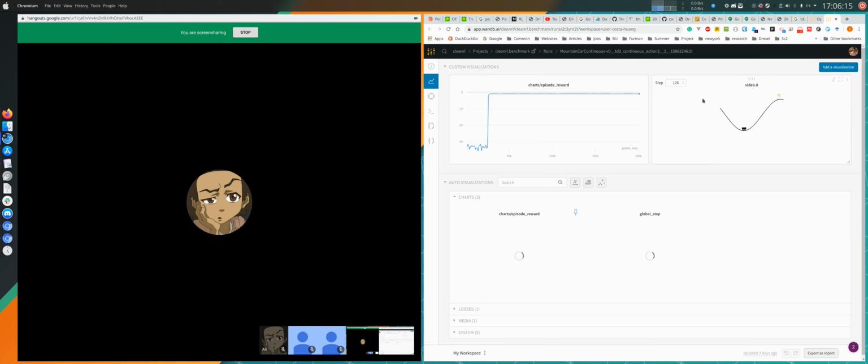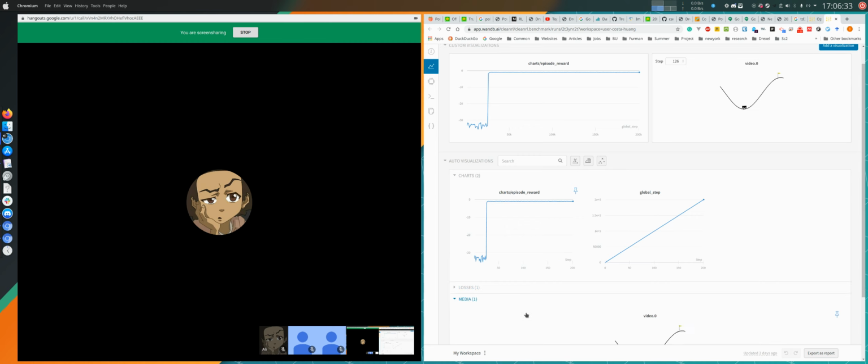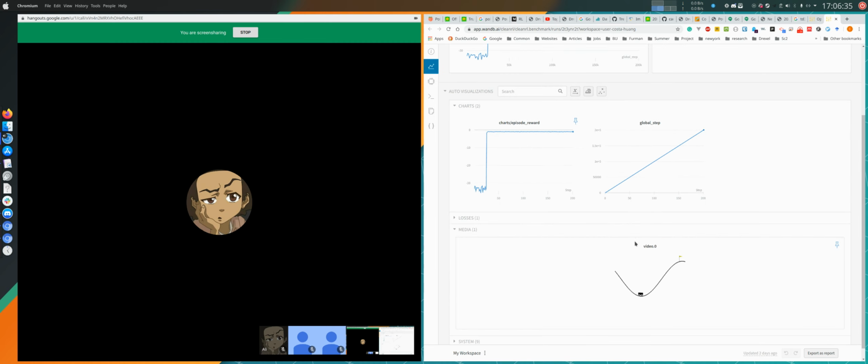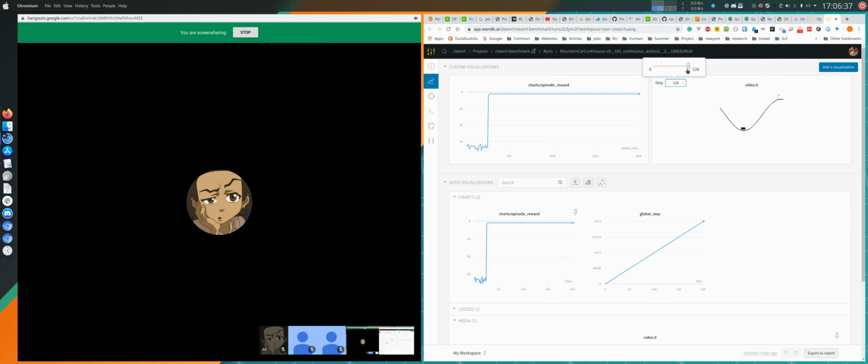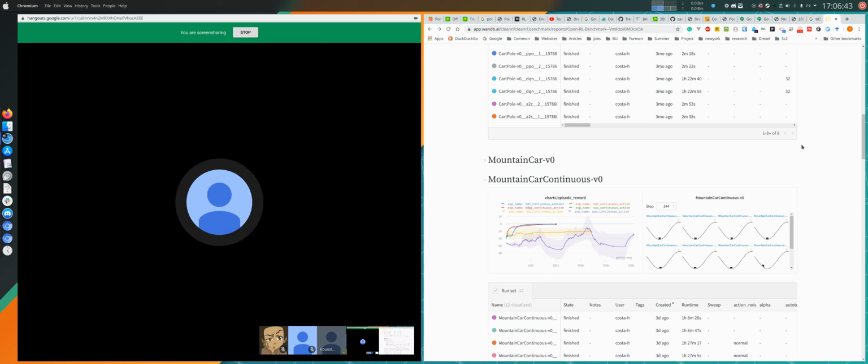Let me double check. Yeah. Okay, so this is an interesting instance. In the Mountain Car Continuous domain, the car just stays in its original position, but somehow its episode reward is -1. Really? I don't know. Something feels a little off here, but I'll look into it.